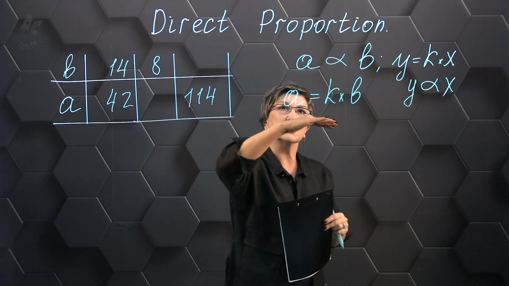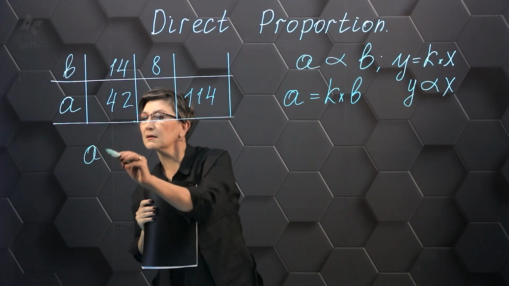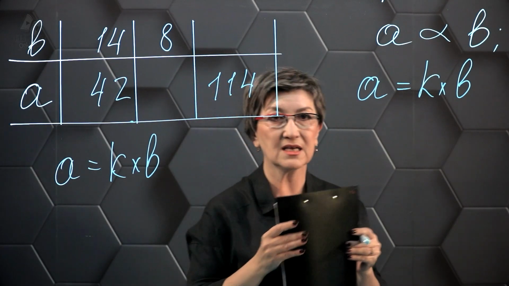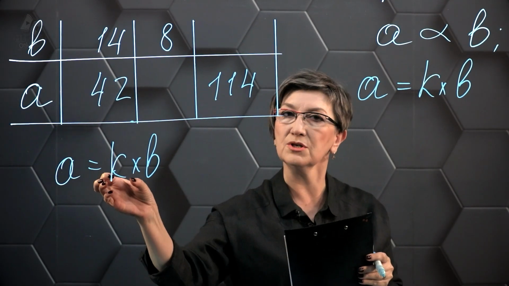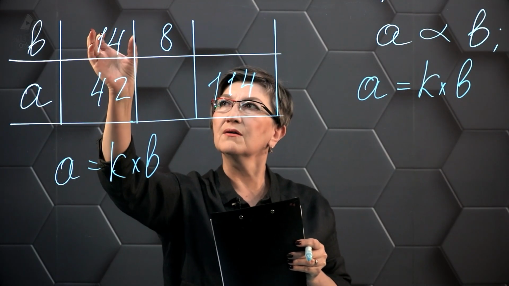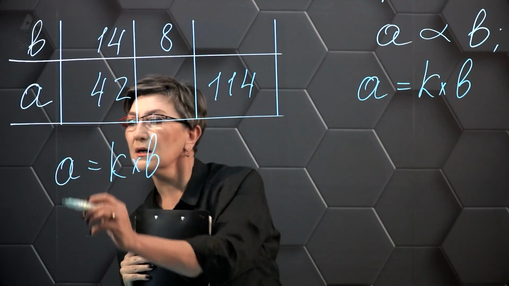Let's start with our expression A equals K times B. Let's write A equals K times B. And when solving problems like this, we need to find the coefficient of proportionality, that is the number K. Let's pay attention to the values. A is equal to 42, B is equal to 14.